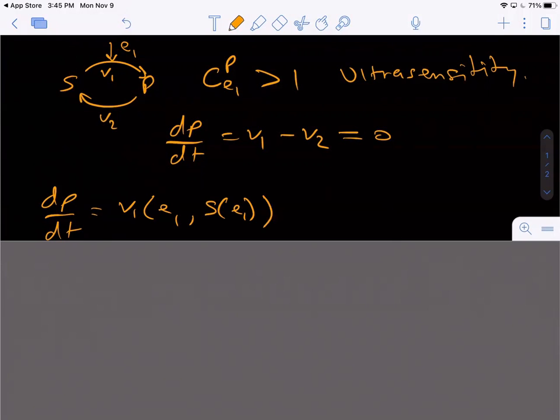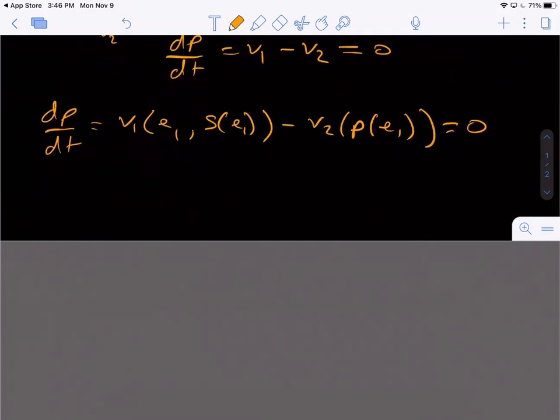For V2, V2 is a function of P. But P is also a dependent variable, and it's dependent on E1 as well. So this is my full functional equation, and it equals 0.